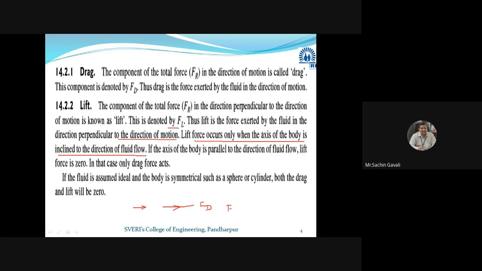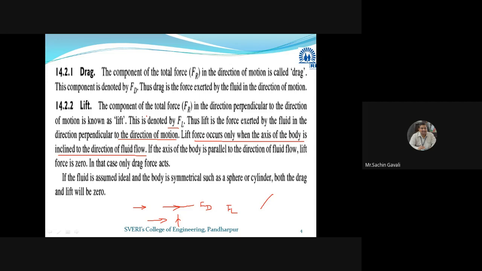FL will be zero. And when the object axis is perpendicular to the direction of fluid flow, then FL will be maximum and FD will be zero. And when the body's axis is inclined, then both drag force as well as lift force may be present. So this knowledge is very important.